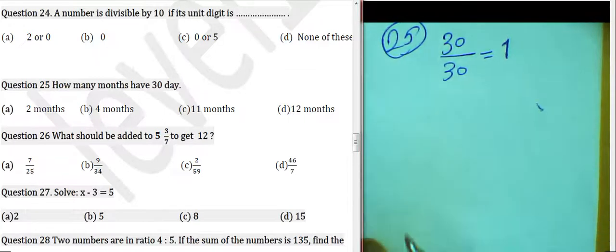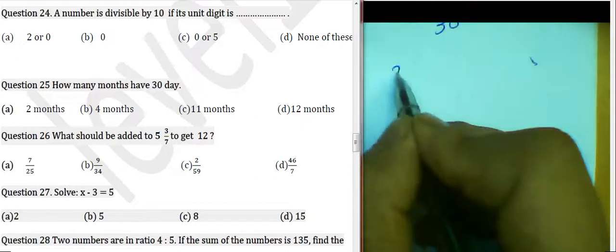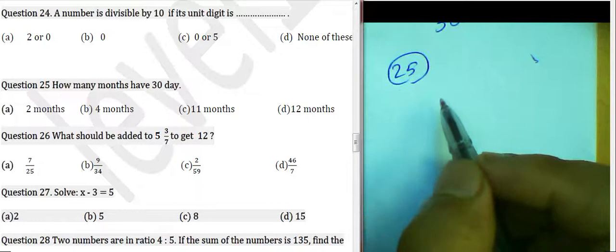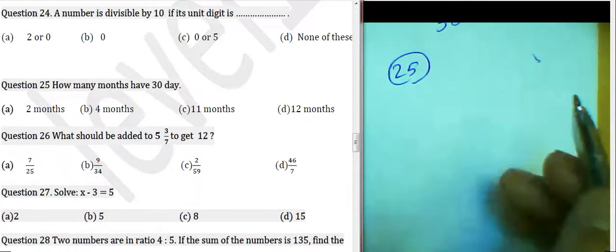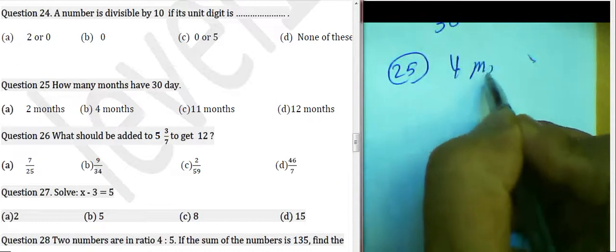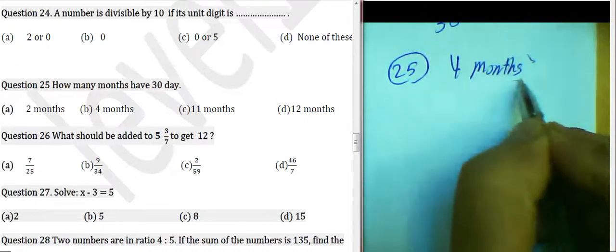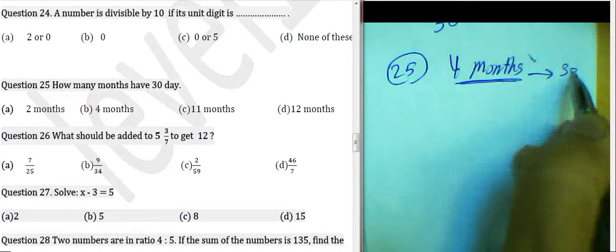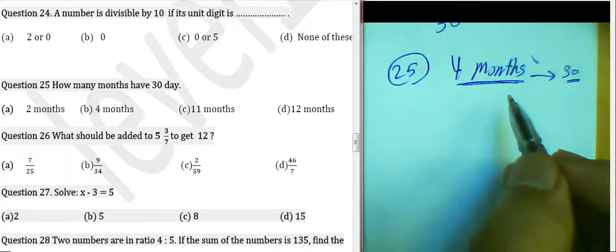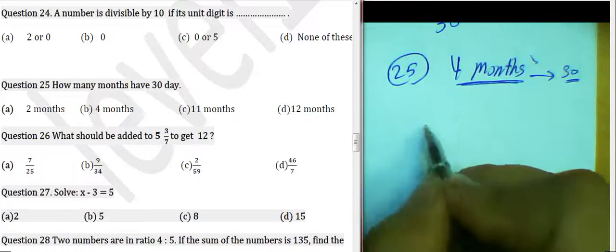He asked about the number. Again, how many months have 30 days? We know we have 4 months. 4 months, each of them containing 30 days, such that April, June, September, and November.